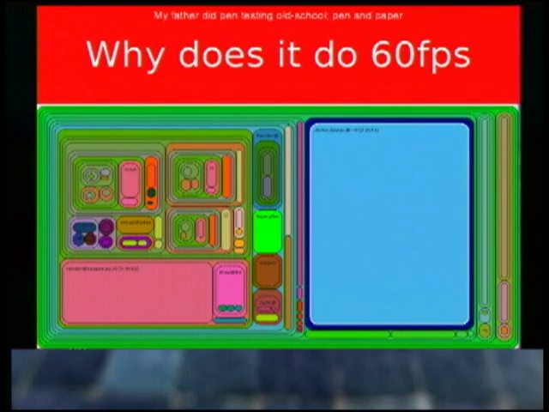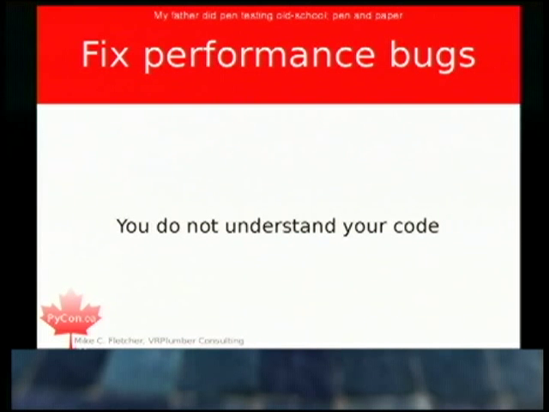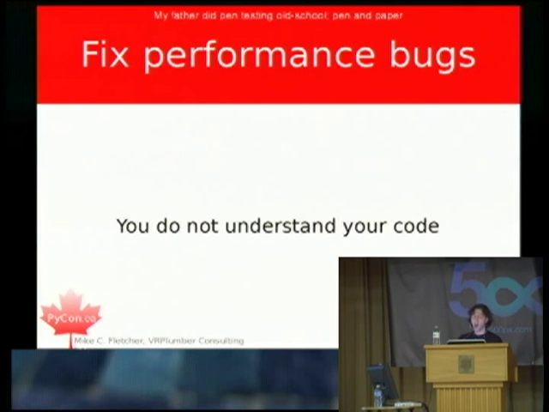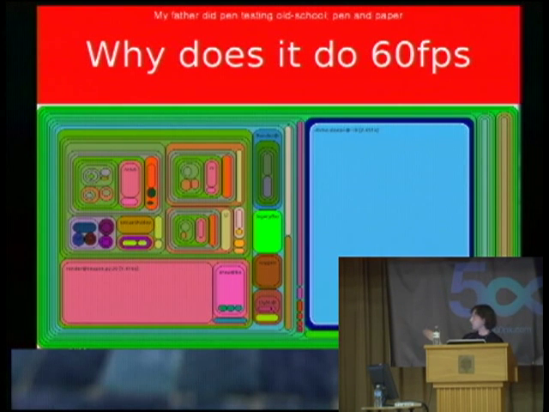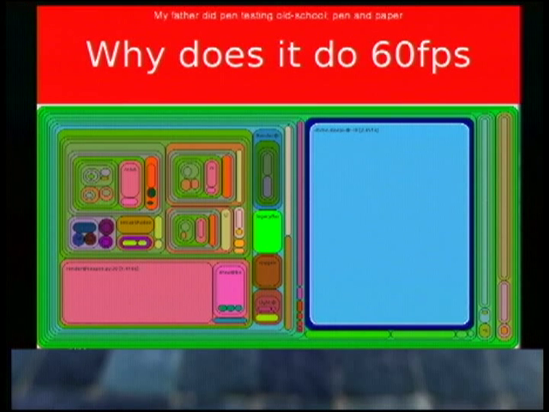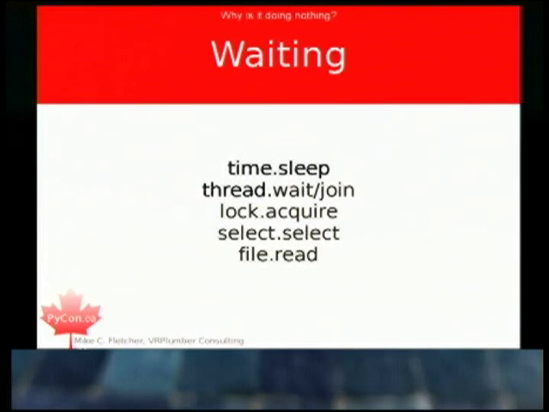So the first thing you're going to do when you start profiling is you're going to start fixing performance bugs. Quite often, we do not actually understand where the problems are in our code. So for instance, in this trace, there's a big blue box saying, I'm spending all my time in time.sleep. Well, if I'm trying to get really fast frame rates, I probably don't want to be spending half my time sleeping and doing nothing whatsoever.